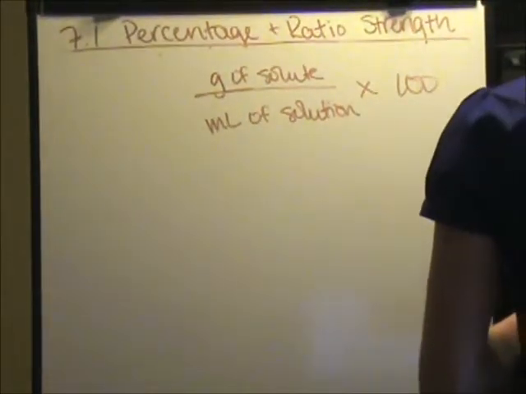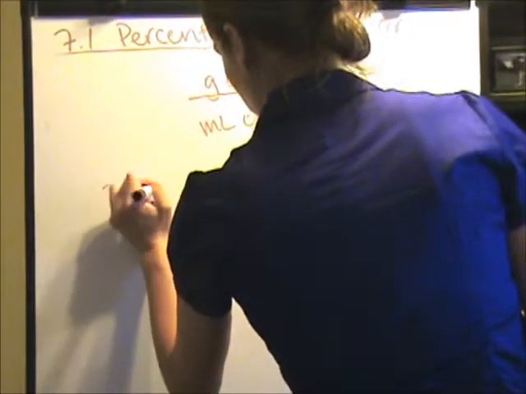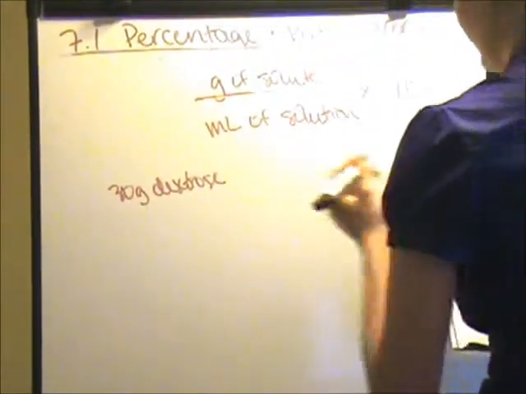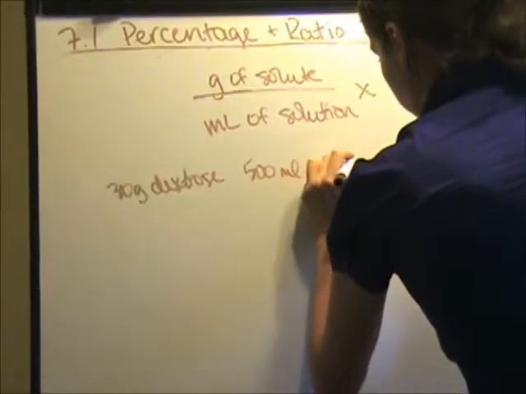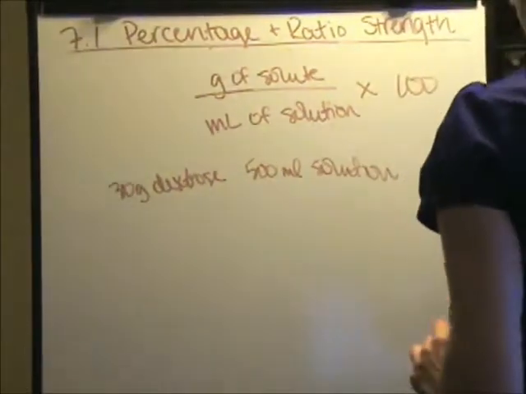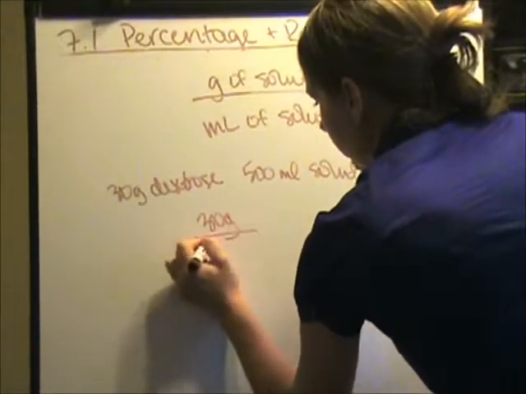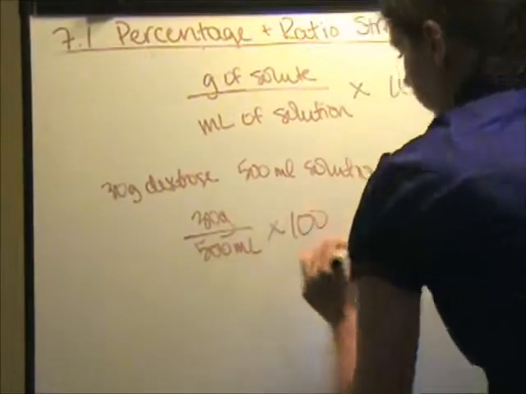So for example 7.1.6, if there are 30 grams of dextrose in 500 milliliters of solution, what's the percentage of strength? So we're going to take 30 divided by 500 milliliters times 100.